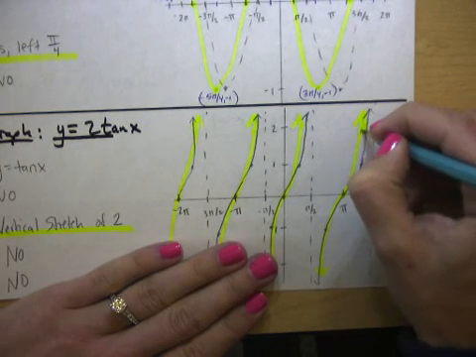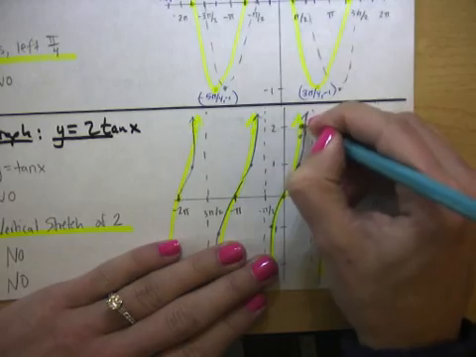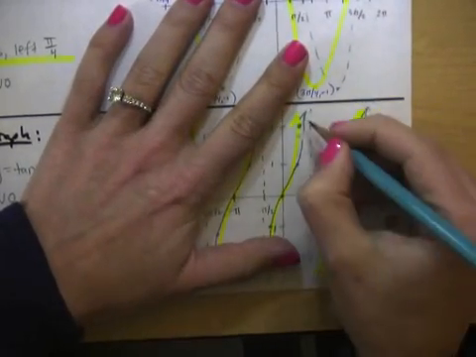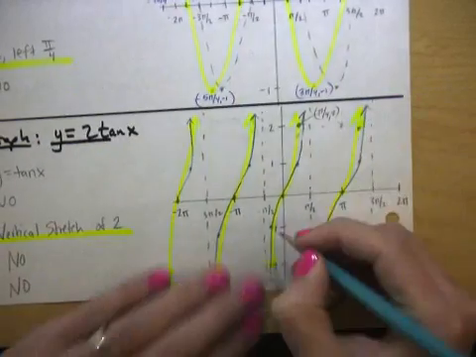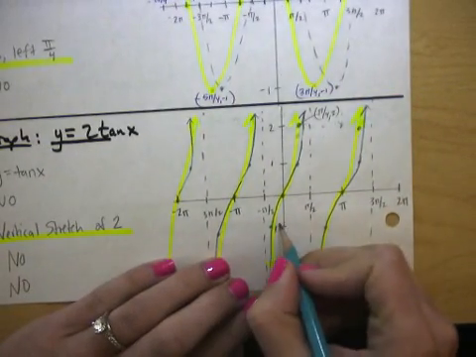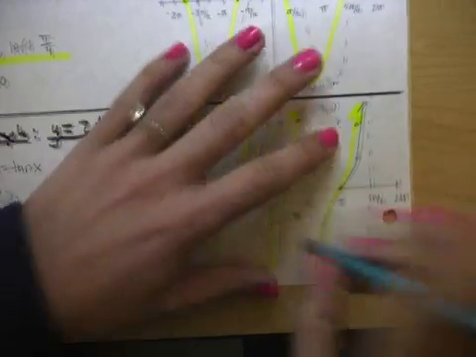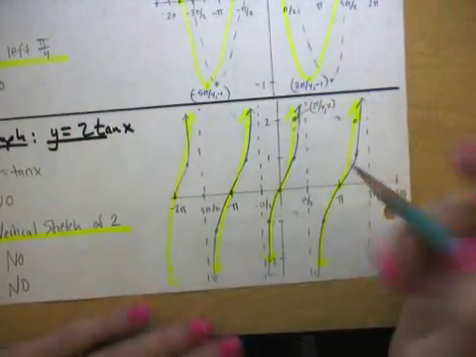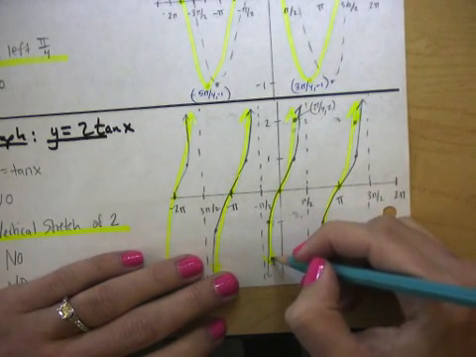I would label at least 1 or 2 of these periods, so something like this. This is pi over 4, 2. This point here was negative pi over 4, oh geez, sorry guys, negative pi over 4, and it was down at negative 2.